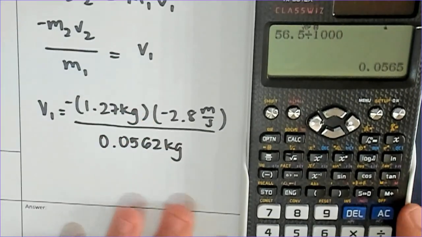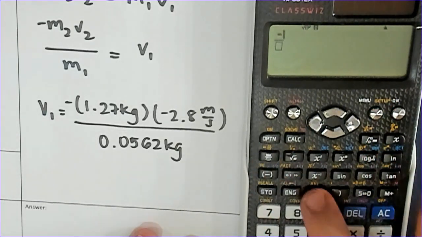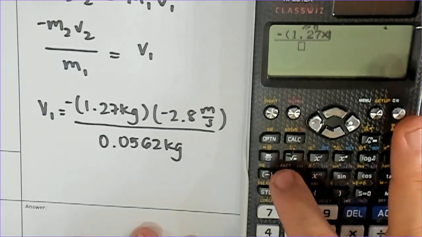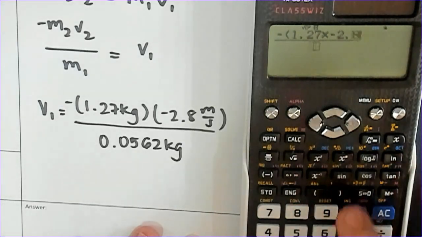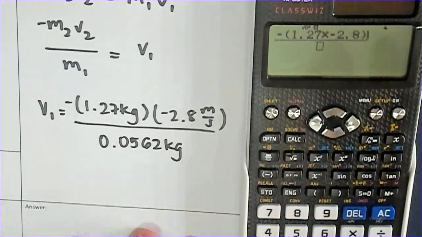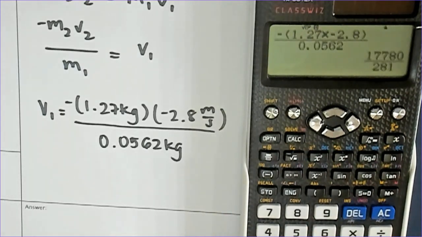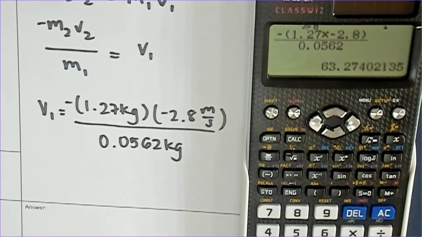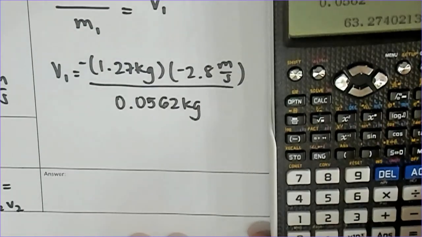Now let's plug and chug. Get the fraction: negative 1.27 times negative 2.8 all over 0.0562 kilograms, leaving you with, let's press SD to get the decimal, 63.27402135 meters per second.